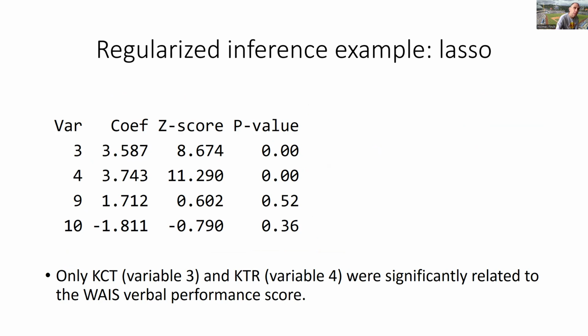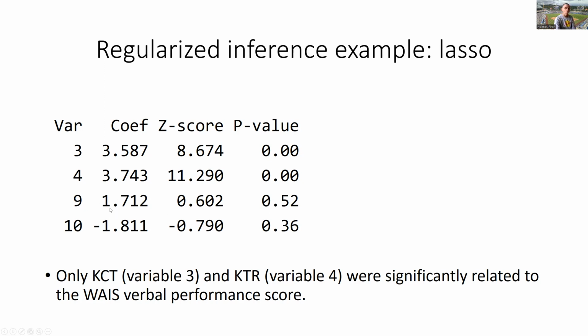lasso. You can see that variables 3 and 4, which were the KCT and the KTR, both have p-values of 0 or less than 0.05. It's actually less than 0.01. They just don't print it out. But the p-values for variables 9 and 10, which were the mom's education level, are not statistically significant.